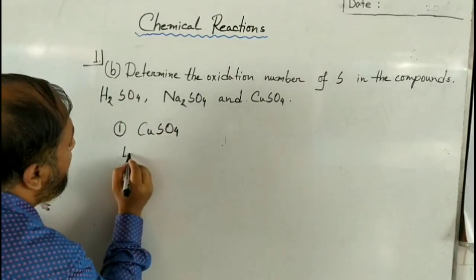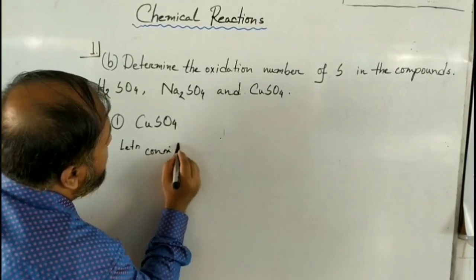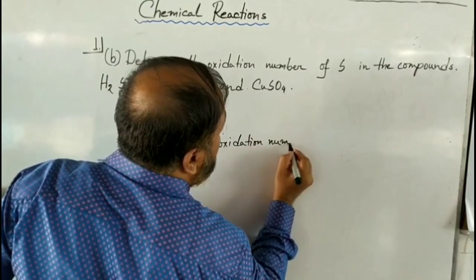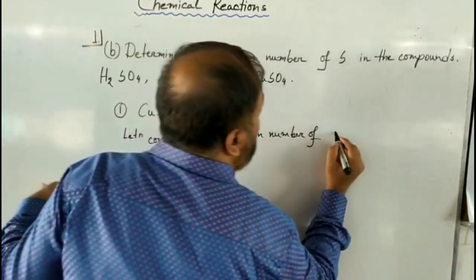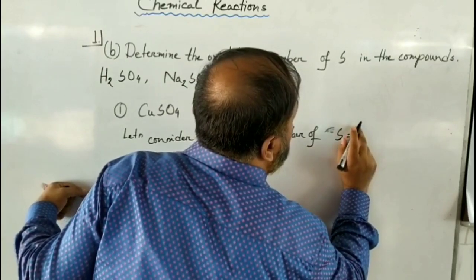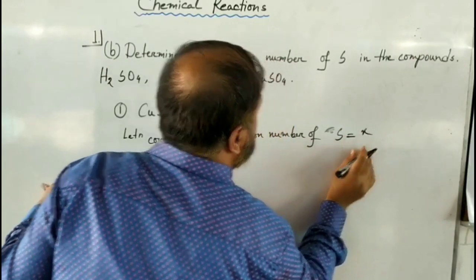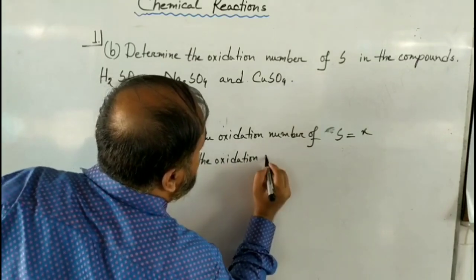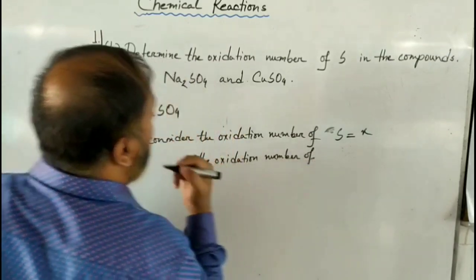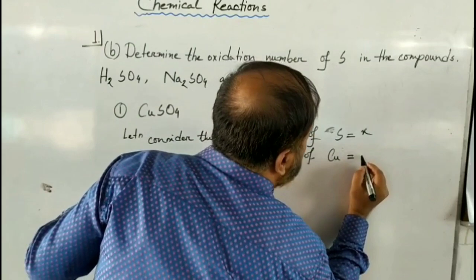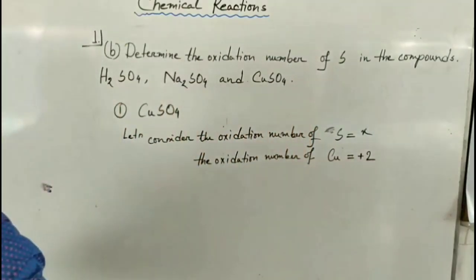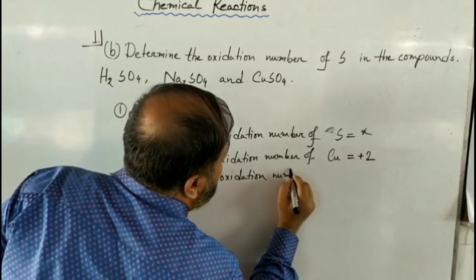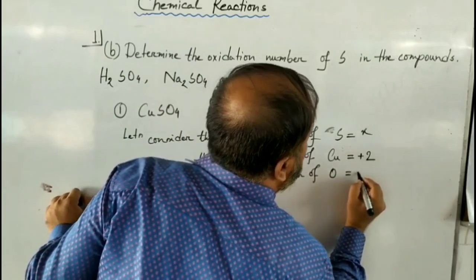In a similar way, let's consider the oxidation number of sulfur is equal to X. The oxidation number of copper: we know copper is a metal, so its oxidation number must be positive, and that is +2, and the oxidation number of oxygen is equal to -2.